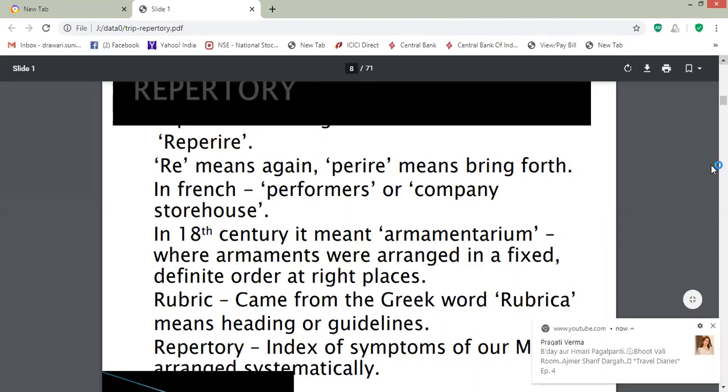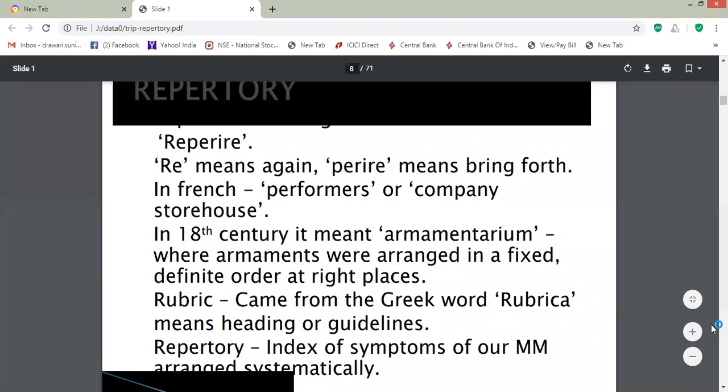Rubric came from the Greek word rubrica, meaning heading or guidelines. Repertory is an index of symptoms of our materia medica, which was arranged systematically.